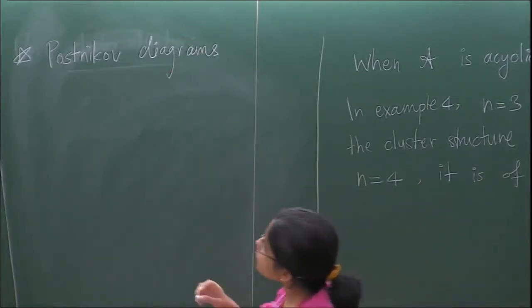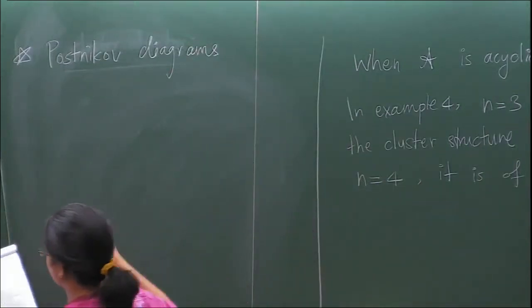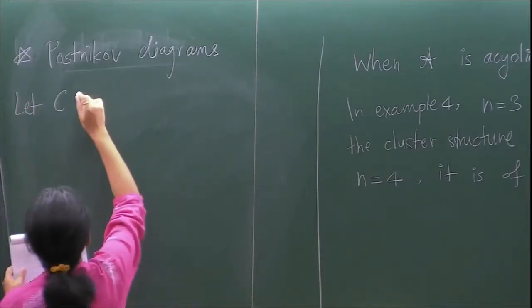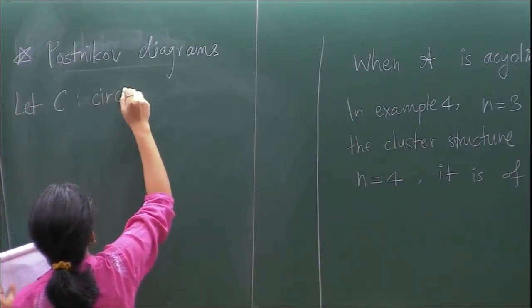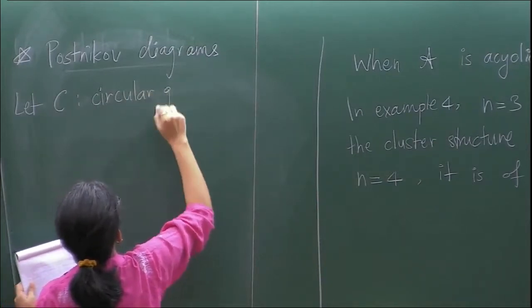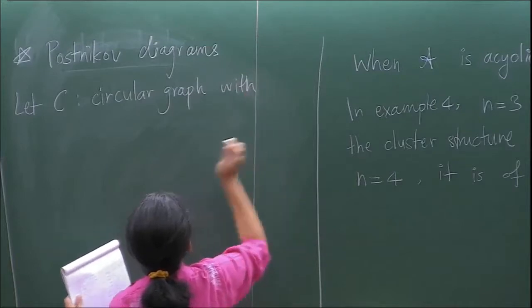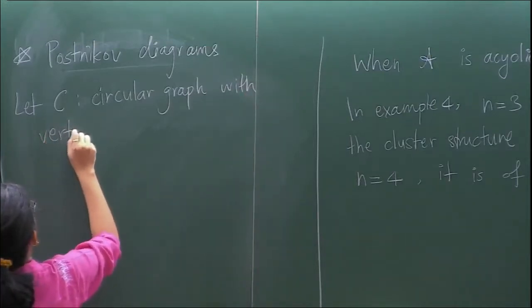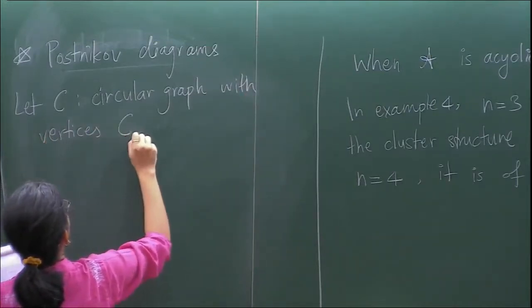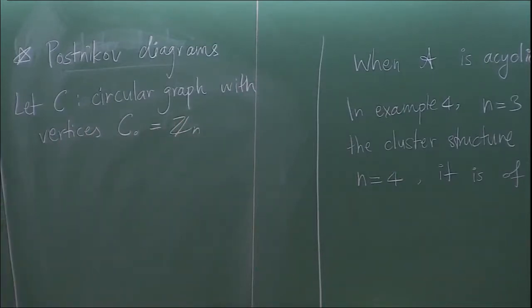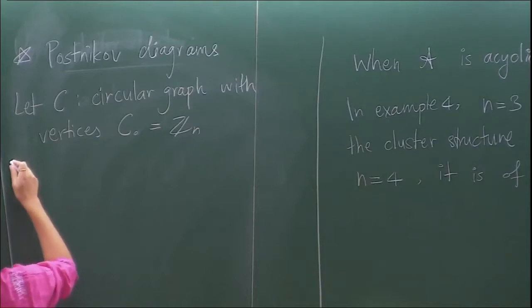To start with, let C be a circular graph with n vertices. The set of vertices we will call C_0, and these are n numbers, 1 to n.